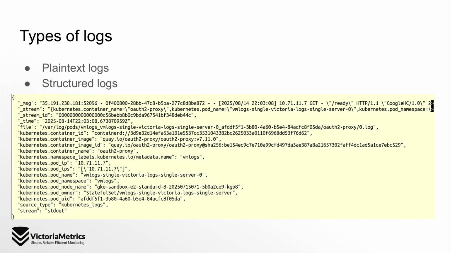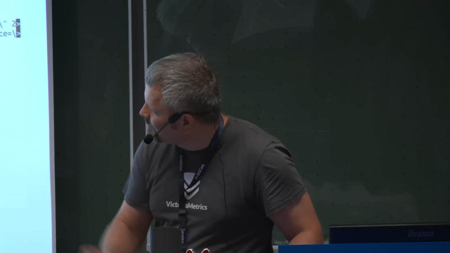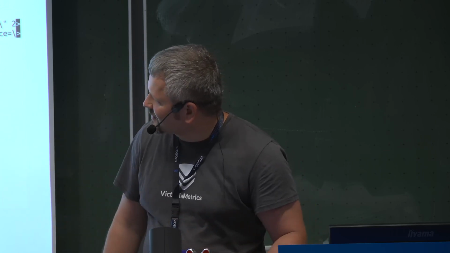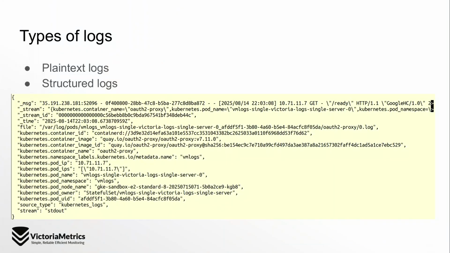For example, this one here is a typical example of a structured log, which contains some fields for some application which runs, obviously, in Kubernetes in some container. So it contains log fields for this container, and it also contains a log message, which is an arbitrary text string, and some other fields.